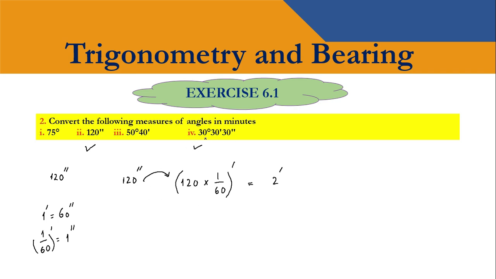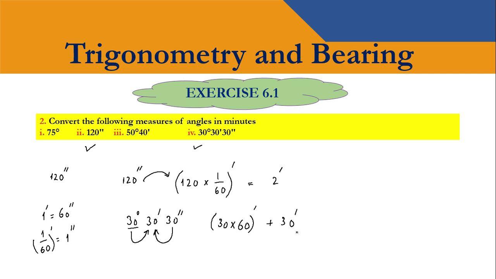Now let's solve our fourth part. The 30 degree, 30 minutes and 30 seconds. We have to convert angle into minutes. We have to convert the seconds into minute, and we have to convert this degree into the minute. So to convert the degree into minute, we have to multiply it with 60. 30 multiplied with 60 will become the minutes, plus 30 minutes.